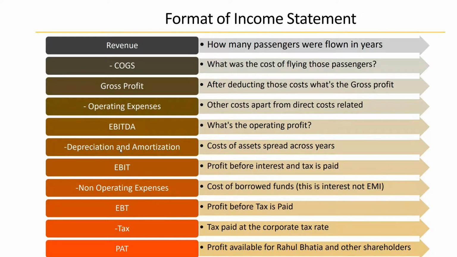Whenever I have an asset that I am going to depreciate, that also I need to do under this income statement. Then finally I need to minus interest and tax. Finally I should know the profit, the net income. To find this net income, I will be using the income statement.